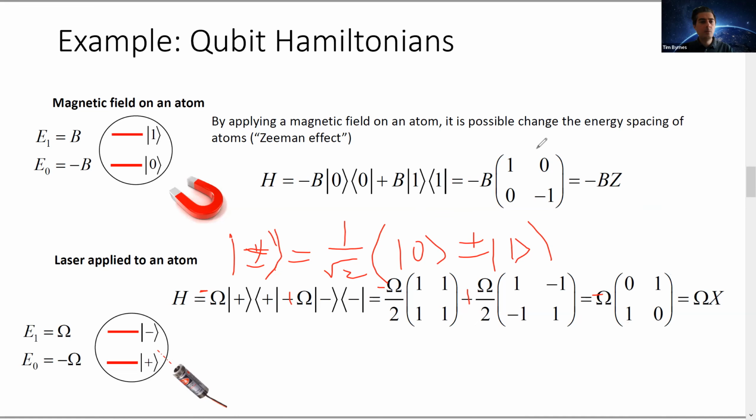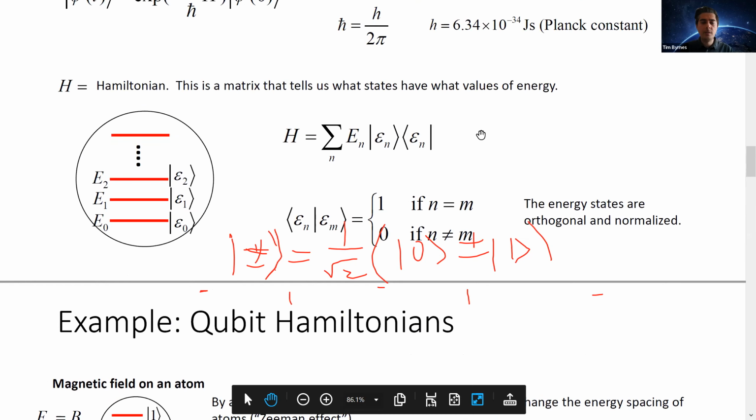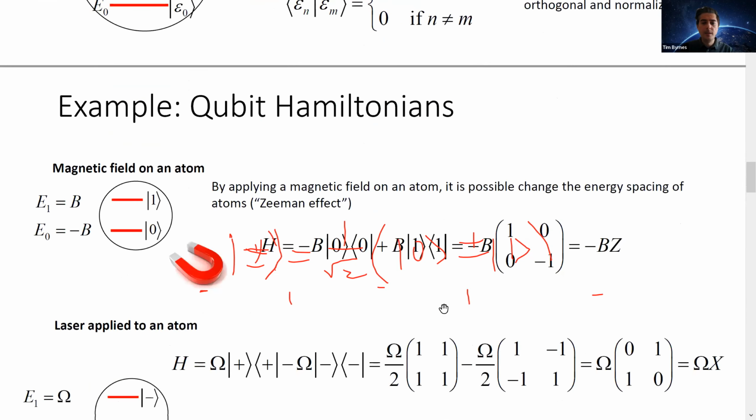You can see that this will form different types of Hamiltonians, not necessarily diagonal. Even though I said in the previous slide that this Hamiltonian is diagonal, it depends on what basis you're looking in.